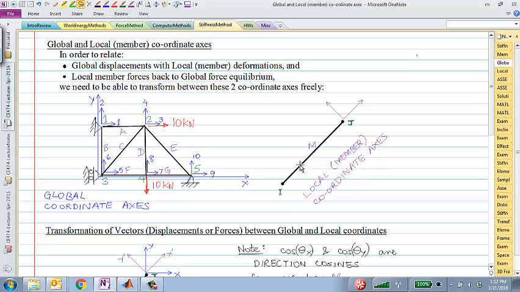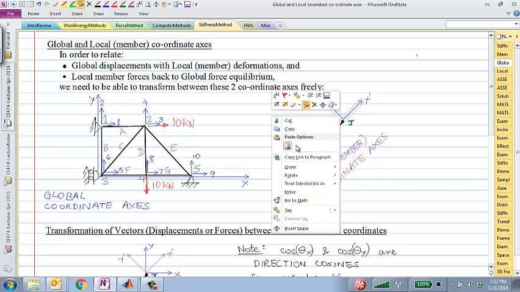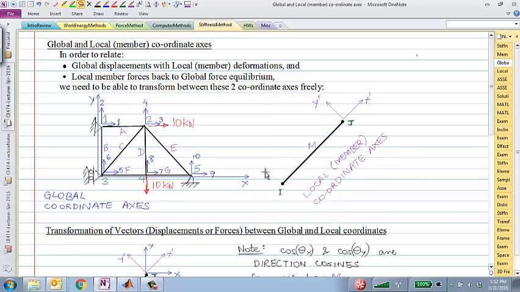So for member M that's connected to nodes I and J, the local coordinate system looks like this. I'm going to call that X prime and Y prime. Same thing here at node I. So let me copy that. And at node I as well, I'll have X prime and Y prime.